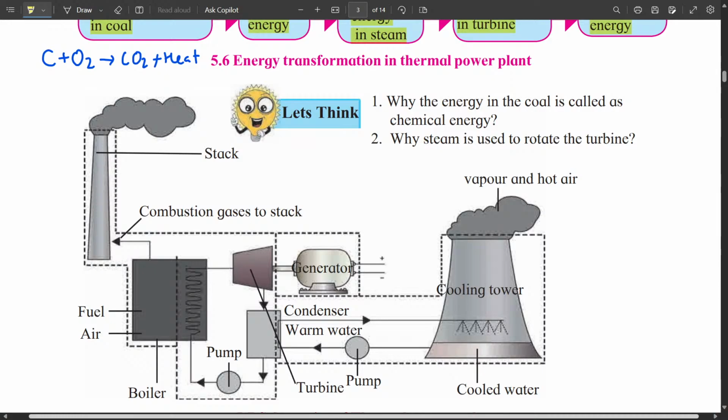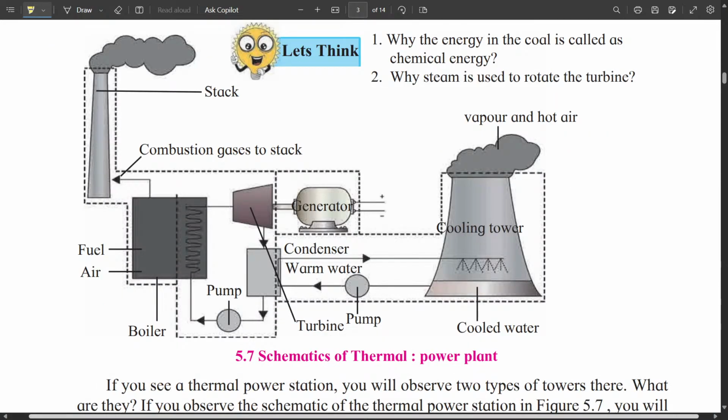This is the schematic of the thermal power plant. So here you can see first the boiler. Here the boiler is shown. So the boiler will be used to boil the water. You can see the pipeline over here, and the coal is burnt in the boiler. Large amount of heat is produced and that heat is used to boil the water.